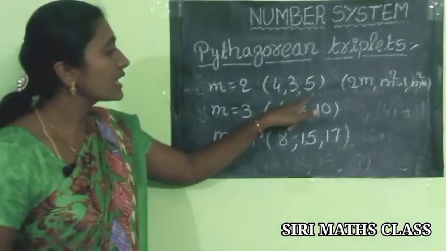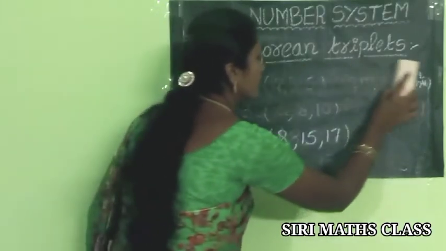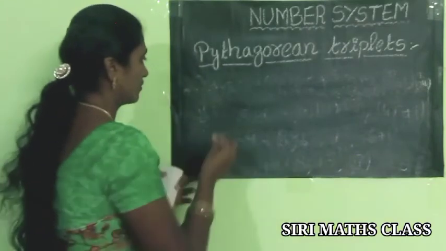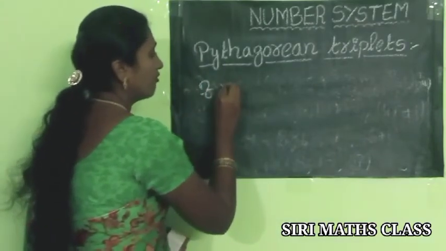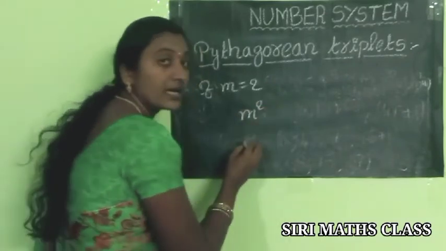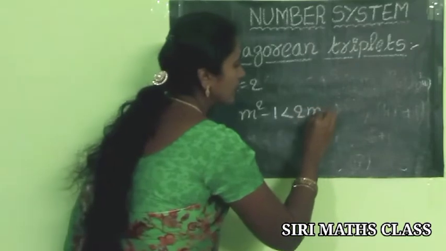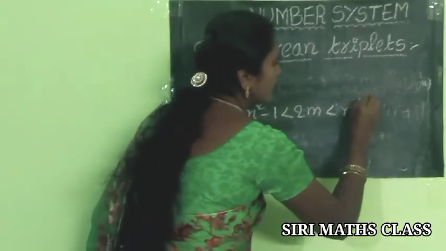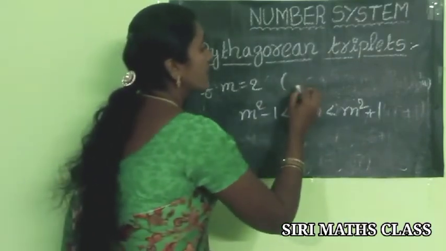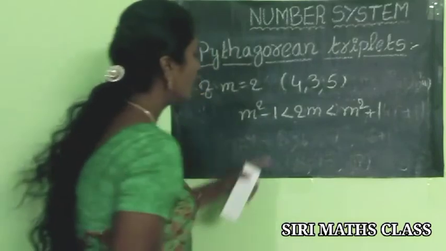See here, m equal to 2, what do we get as the answer? 4, 3, 5. If m value equal to 2, m square minus 1 is less than 2m, less than m square plus 1. Here we get 4, 3, 5.